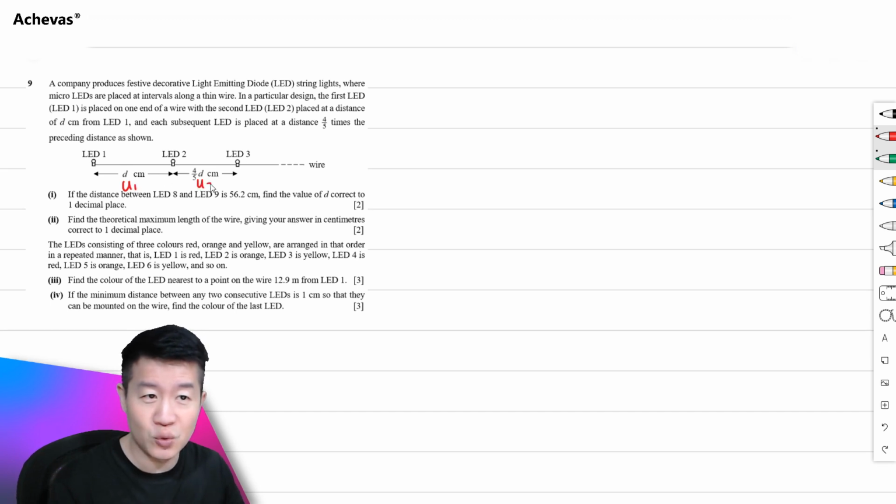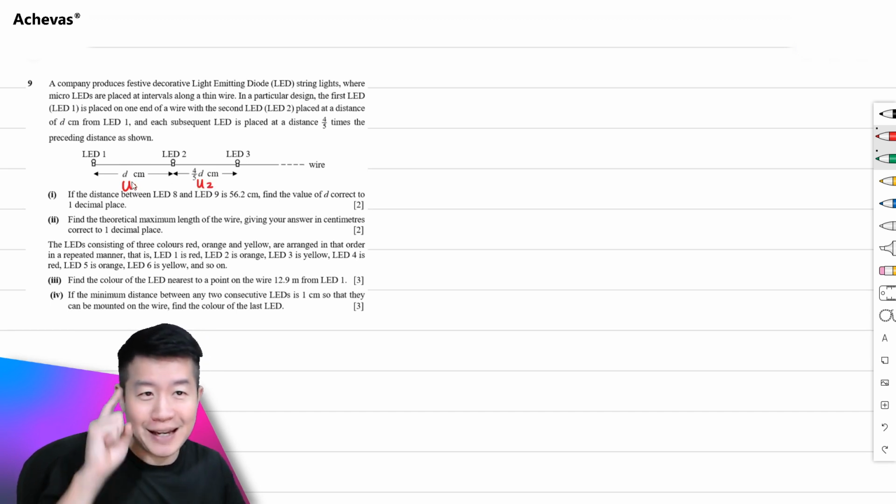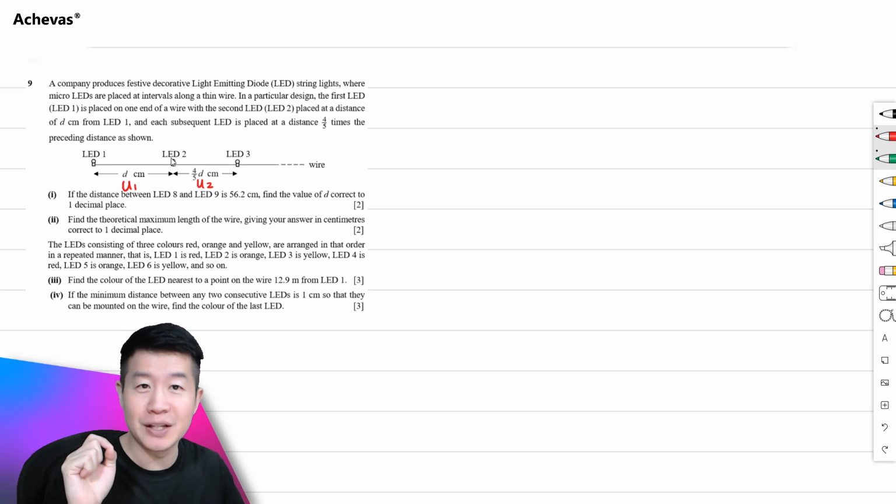So this is U2. Let's take note: U1 is the distance between LED 1 and LED 2, and U2 is between LED 2 and 3. Which means S2 is U1 plus U2. But S2 represents the distance between LED 1 all the way until LED 3.